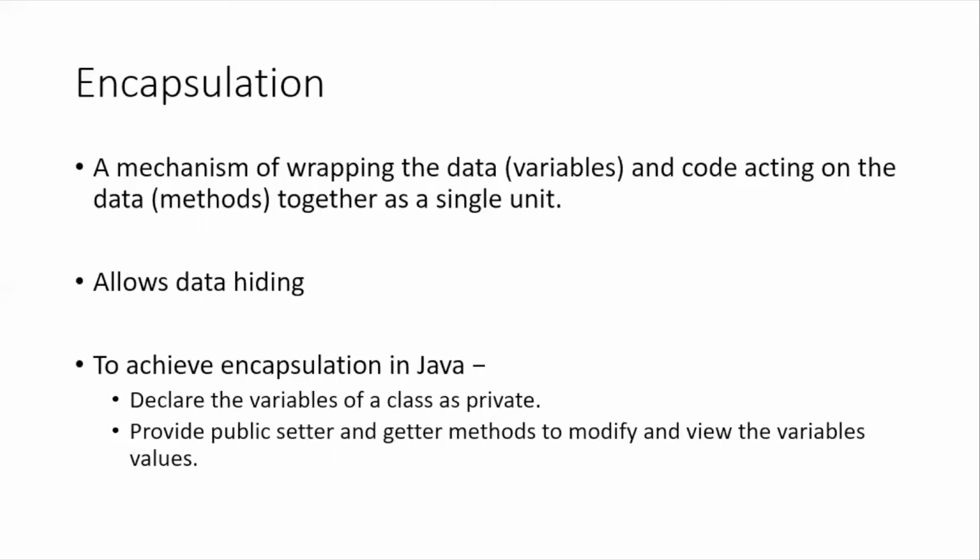So putting things together is nothing but encapsulation. Now in any application, what things am I going to put together? Obviously, it will be the variables, the data, and the business logic which will perform certain operations on that particular data. In other words, creation of classes is nothing but encapsulation.